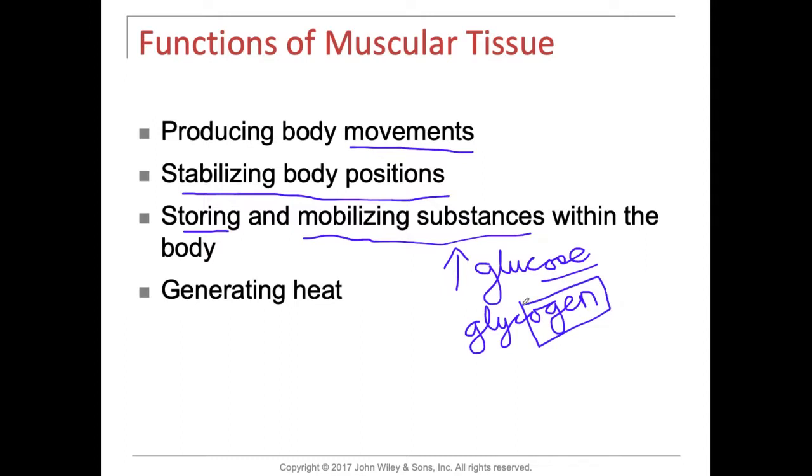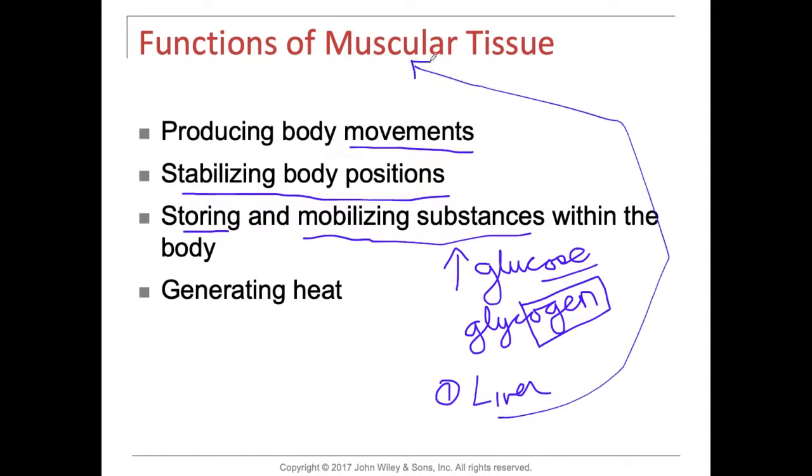So glycogen is the stored form of glucose, and it's stored in two places. Place number one is the liver, and place number two is the muscles.